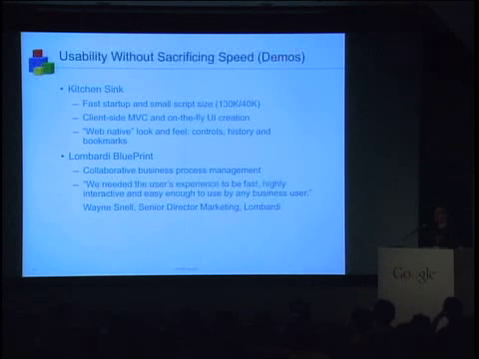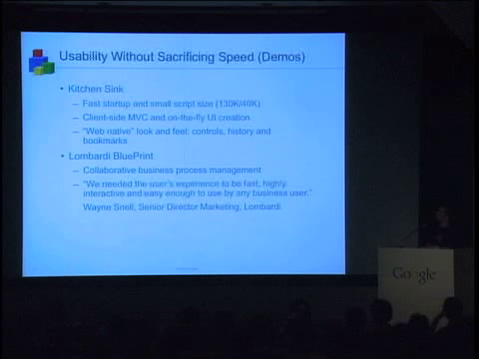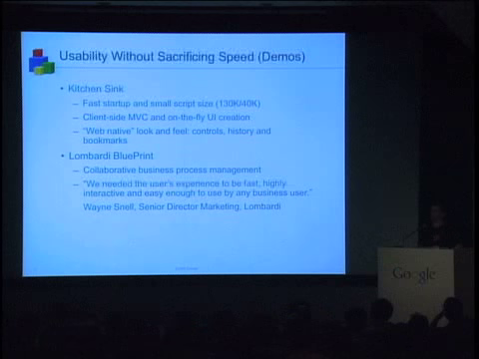So you probably want to see some really cool demos of what Google Web Toolkit can do. The first demo I'd like to show, which illustrates usability without sacrificing speed, is the kitchen sink demo. This demo has a very fast startup time and small script size, and it uses client-side MVC, Model View Controller, and on-the-fly UI creation.